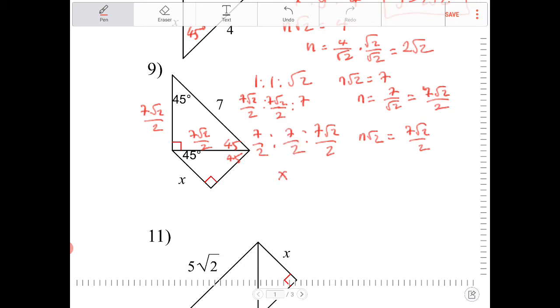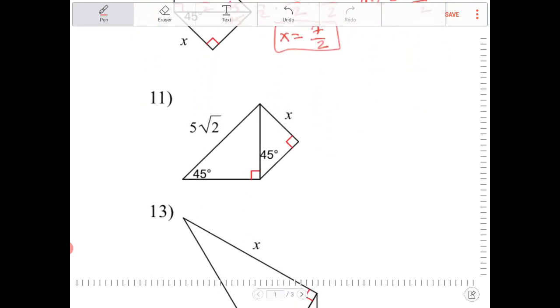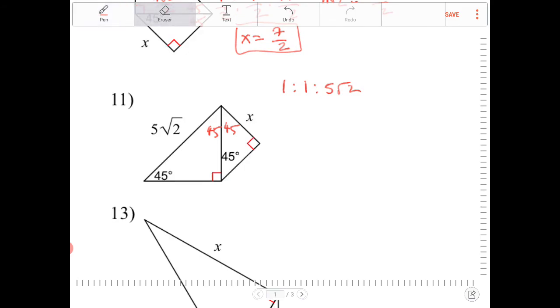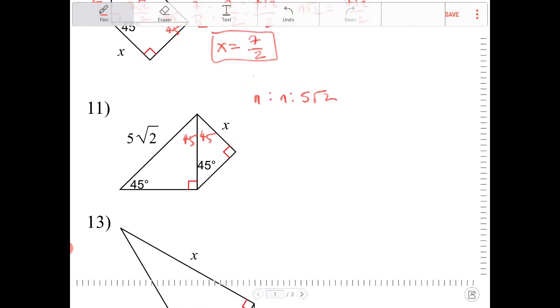So x is equal to 7 halves. We apply that again. This is 45. So again, I have 1, 1, radical 2.